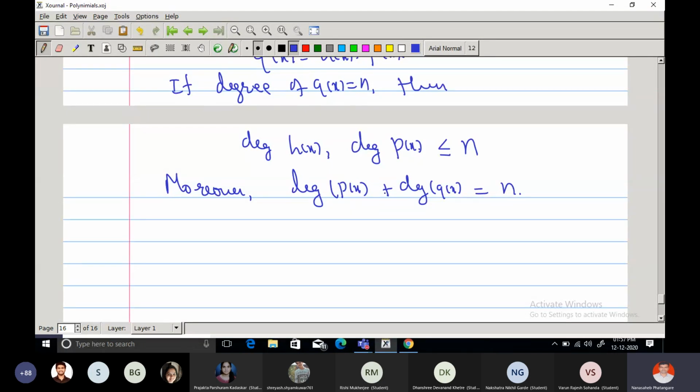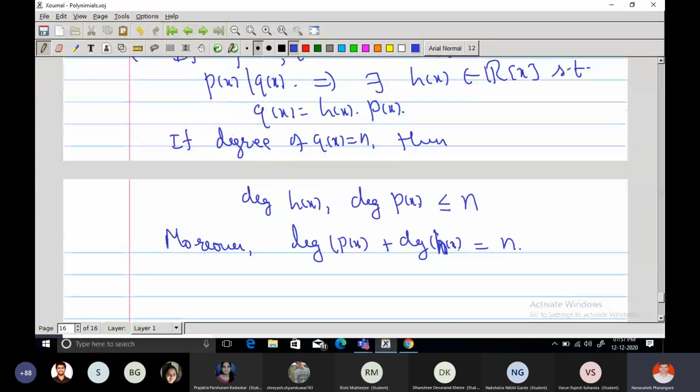Because h(x) times p(x) is q(x), and as we discussed yesterday, the degree of a product is the sum of the degrees. Degree of p(x) times h(x) is the degree of p(x) plus the degree of h(x).